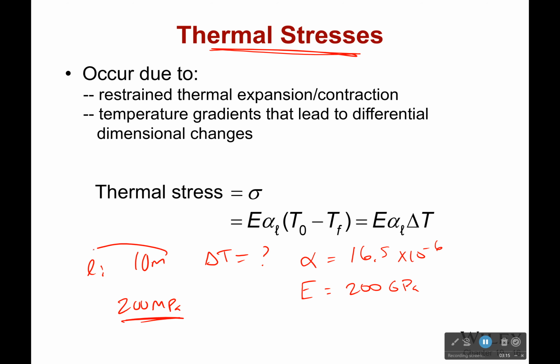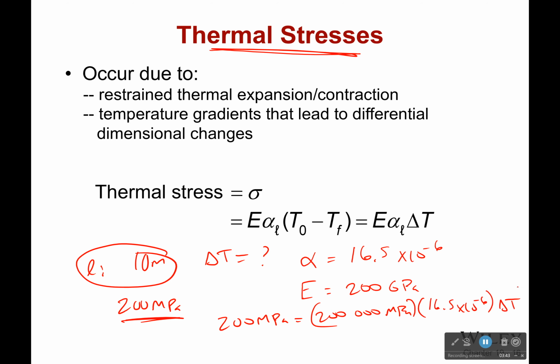And the second question is, do I actually need to know this length? Well, I actually don't. It doesn't matter at all, because I'm not trying to calculate how much it stretches, just when it reaches a strain that will cause it to fail. So I plug everything in here. I say, okay, 200 megapascals is equal to 200,000 megapascals times 16.5 times 10 to the negative 6 times delta T. Okay, so the 200s cancel, and I've got a 1 over here and a 1 right here, so that's 1,000.